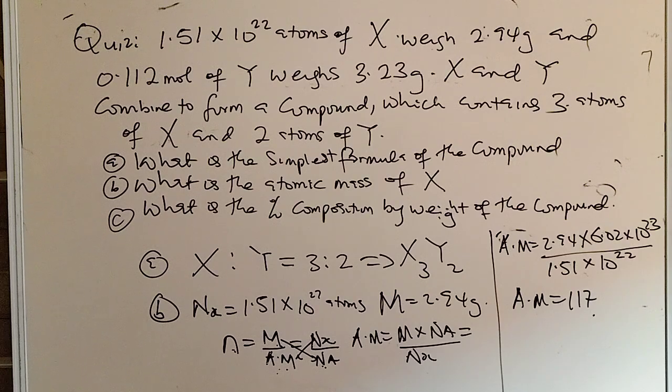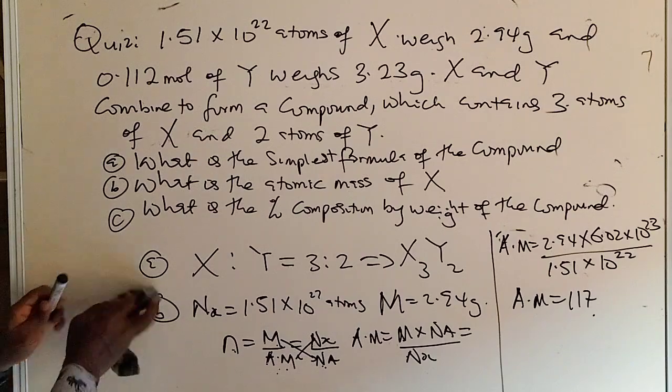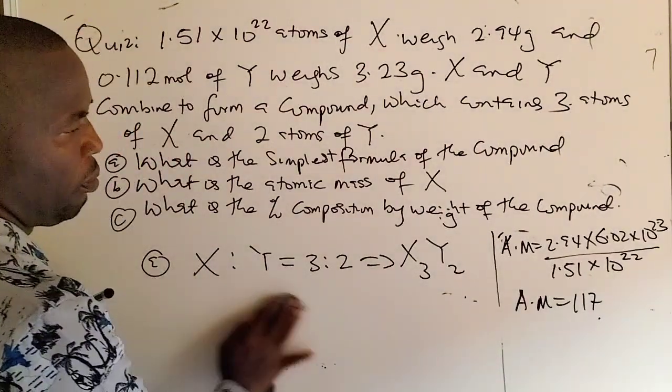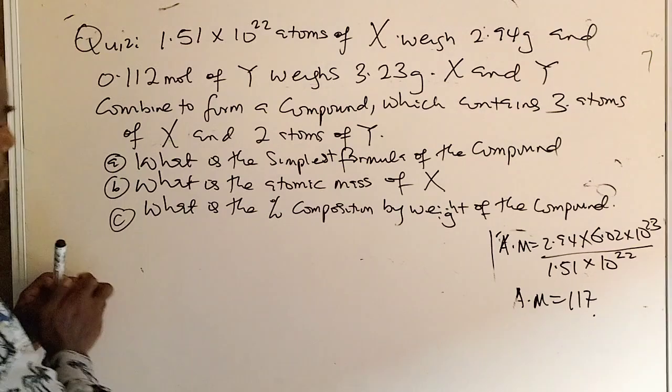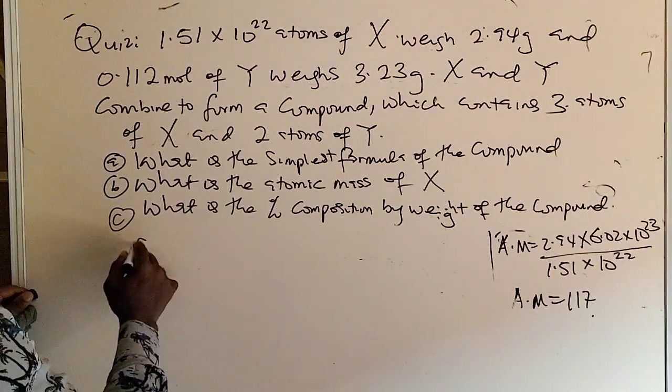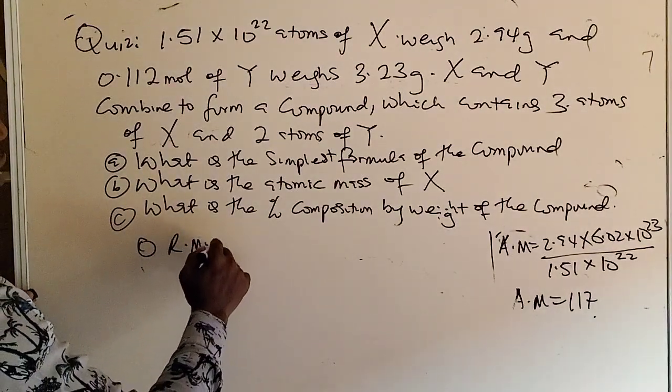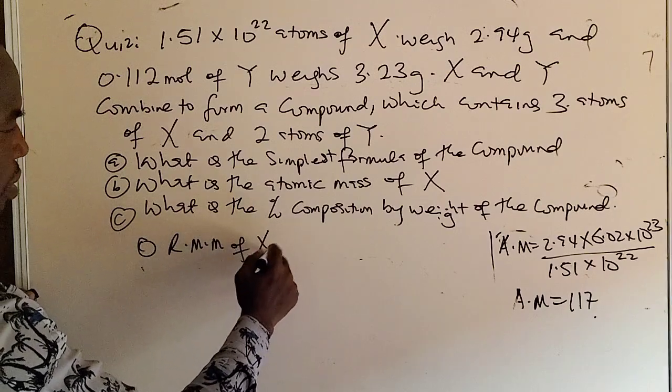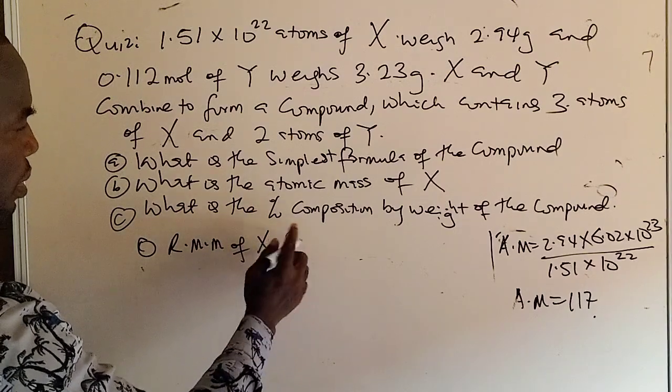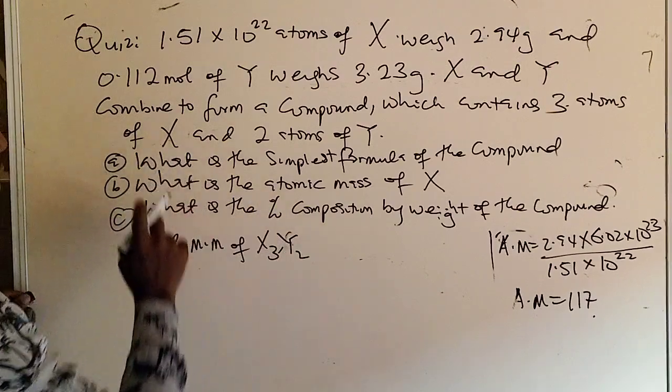We'll go to number C that says we should find the percentage composition by weight of the compound. Before we do that, we need to find the relative molecular mass of the compound. So let me write this. Number C, I'll find the molar mass or molecular mass of the compound, which is, the formula is S3Y2, which you got in equation 1.